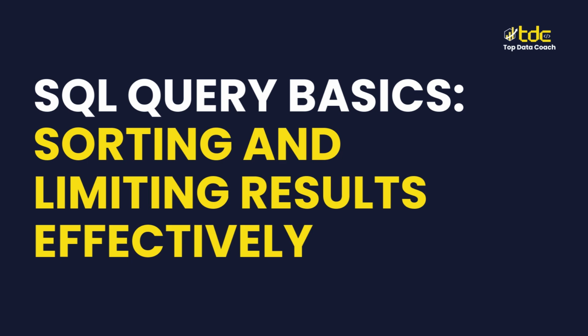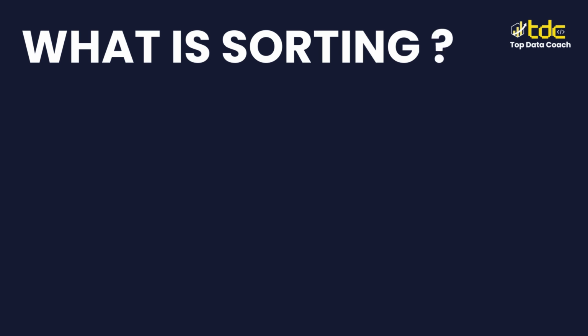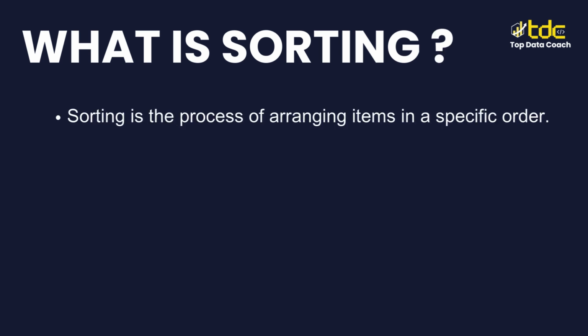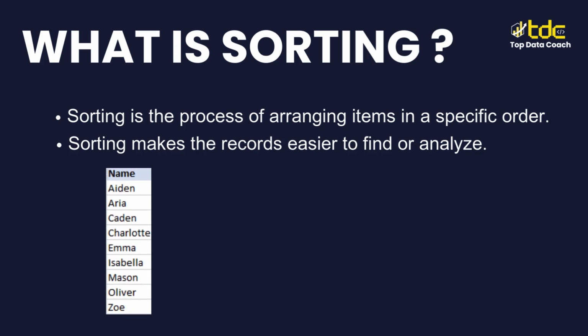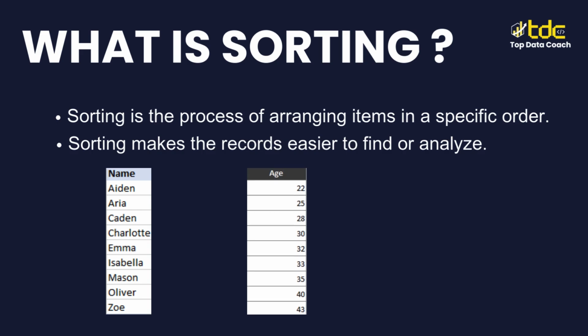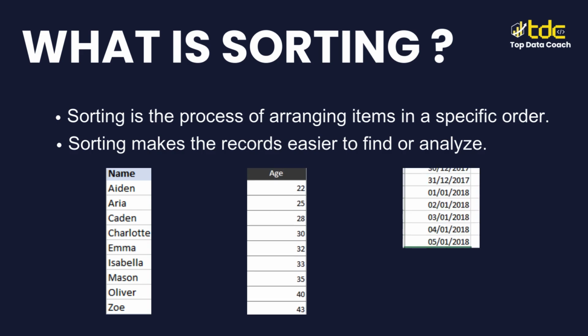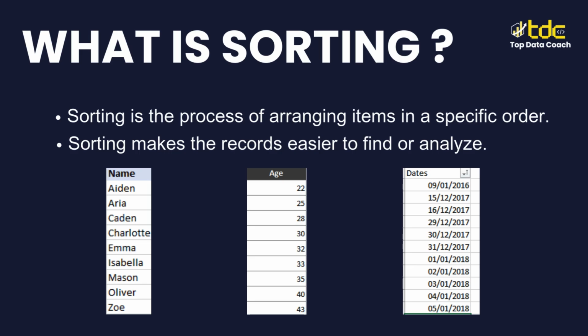So let's get started. Before I tell you how to apply sorting in MySQL, you need to understand what sorting is. Sorting is the process of arranging items in a specific order, usually to make them easier to find or analyze. For example, you might sort a list of names alphabetically, or numbers from smallest to largest, or dates from earliest to latest.